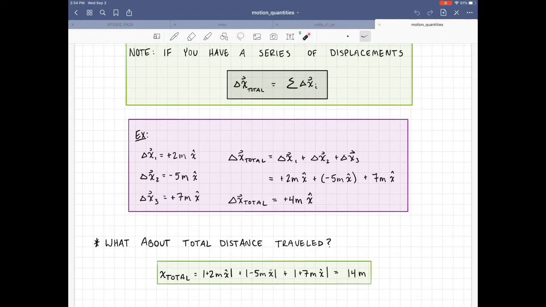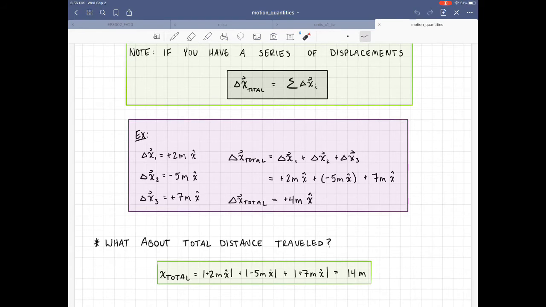So if I want to know the total displacement of my trip, comparing where I ended up at the end of all 3 journeys to where I started, I'm just going to add up each of the individual displacements. So I've got plus 2 meters in the x-hat direction, minus 5 meters in the x-hat direction, and then plus 7 meters in the x-hat direction.